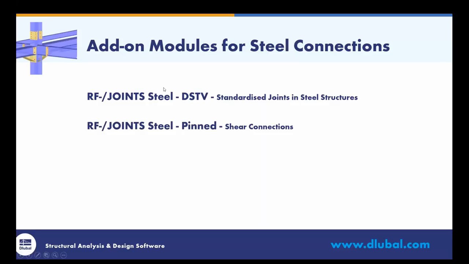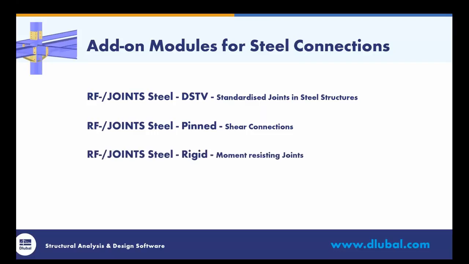Then we have the Joint Steel Pinned. This is for designing pinned connections using web cleats, fin plates, short end plates and end plates with cleats. We can do connections between columns and beams using the web or the flange of the column, and connections between two beams. Loading can be shear or normal force or a combination of both.